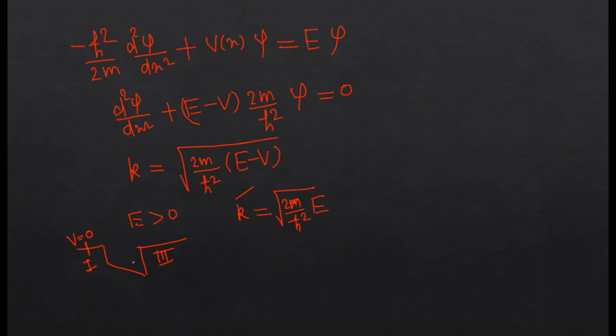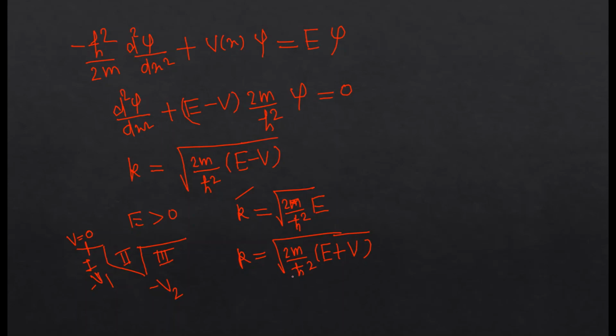And for the second region, your k will be equal to under root 2m upon h cut square (E minus V), where V is of minus sign, minus V1. So this will become minus plus. So k will be this.